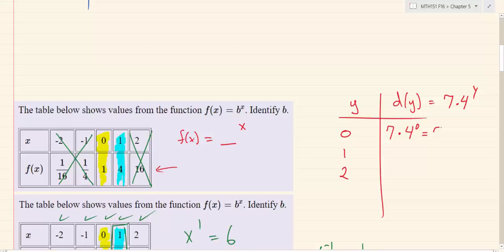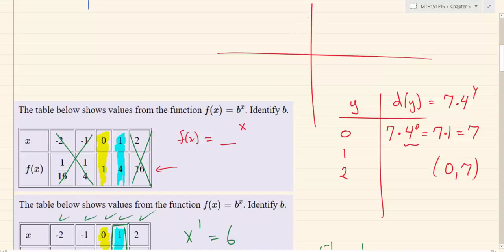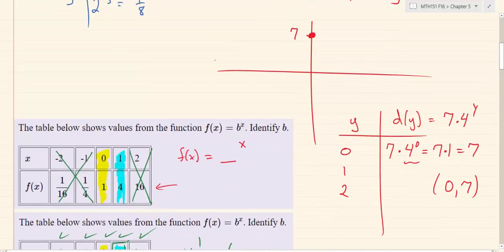So that means it's going to be 7 times 1, which is 7. So that's going to give us 0, 7. So that's our initial value. So if you were to graph this guy, 0, 7 is up here. It is still exponential growth, and it still is going to hug that x-axis and then shoot up like that.